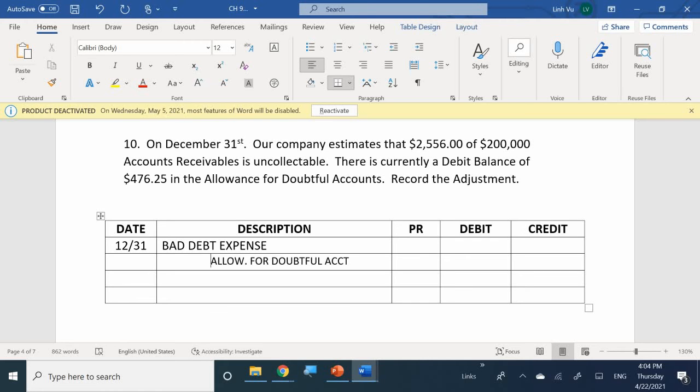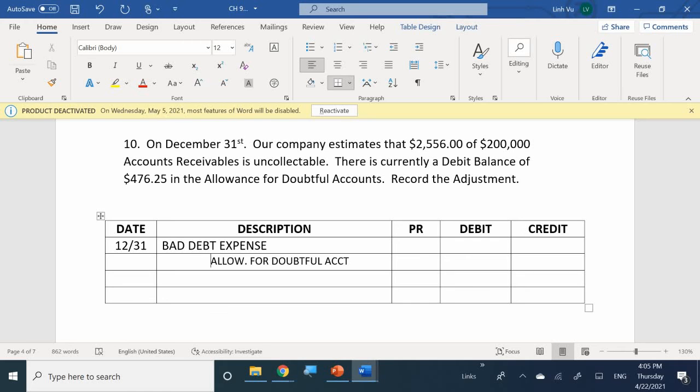If we're doing the balance sheet method, what are the 3 key things you need to look for? What's the first thing you need to look at? The estimate. Good. What's the estimate amount? The estimate amount is 2,556.